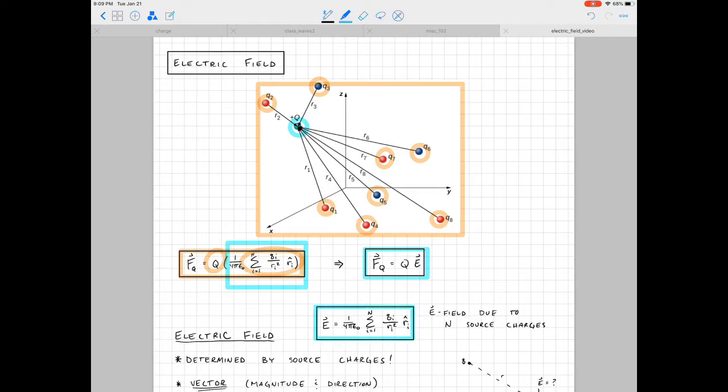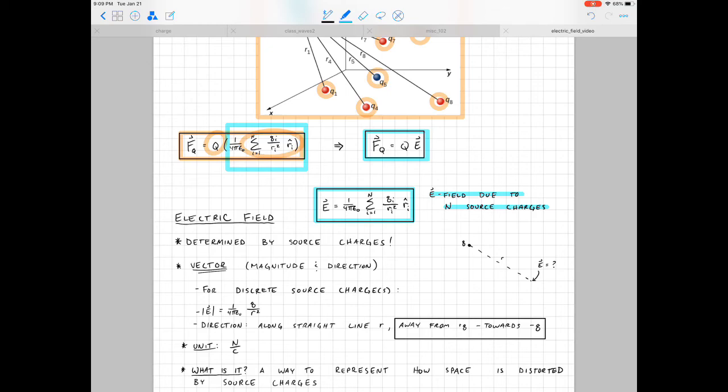It's the summation part that was in the previous expression. And the E field is due to the source charges. Right, so when I say E field, I'm referring to the electric field.